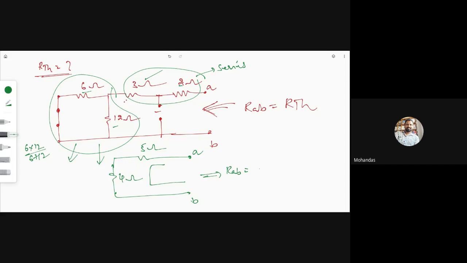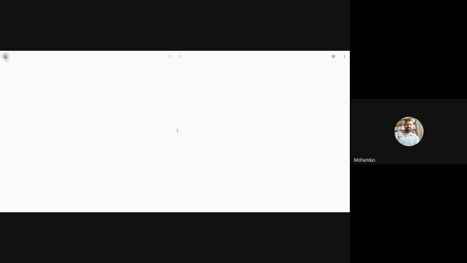So that becomes 4 plus 5, which is equal to 9 ohm, which is equal to RThevenin. So we have calculated VThevenin as well as RThevenin. Now let me draw a Thevenin equivalent circuit of the given problem. For the maximum power theorem, you compulsorily have to calculate VThevenin and RThevenin.